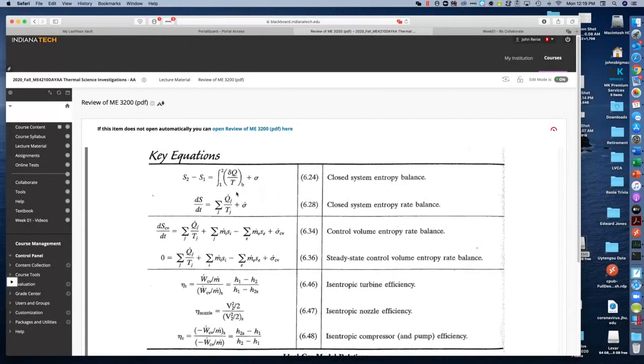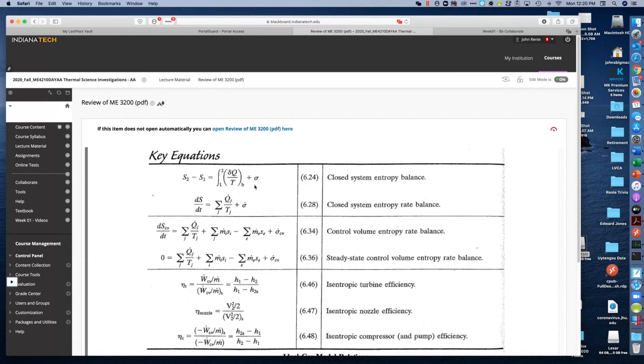What we see is the integral form from 1 to 2 of the heat transfer across the boundary at a given temperature, but we also have this plus sigma term, and this sigma is always positive. Sigma corresponds to entropy generation or irreversibility.